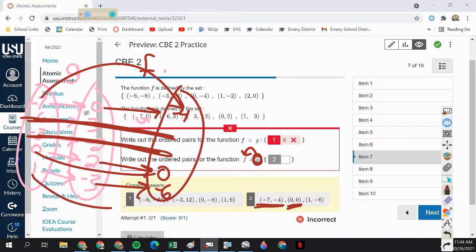And then 1 gets sent to -6, which is the answer right there. Okay? Do you guys understand that? So we look at what does g do. G is a series of points that turns x's into y's. And then we plug those y's into the f function. And some of them work and some of them don't. And the final answer is just the first part of g and the last part of f. And then we just skip the ones that don't work.